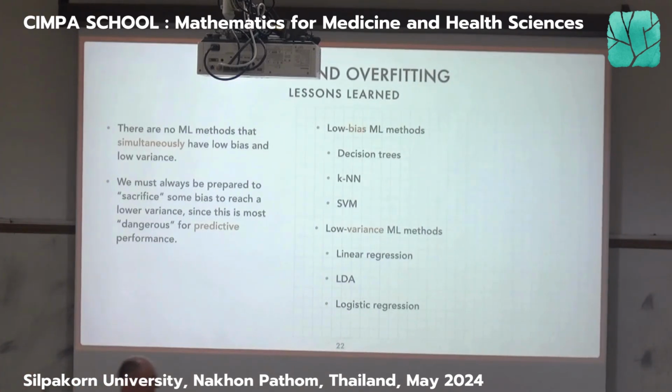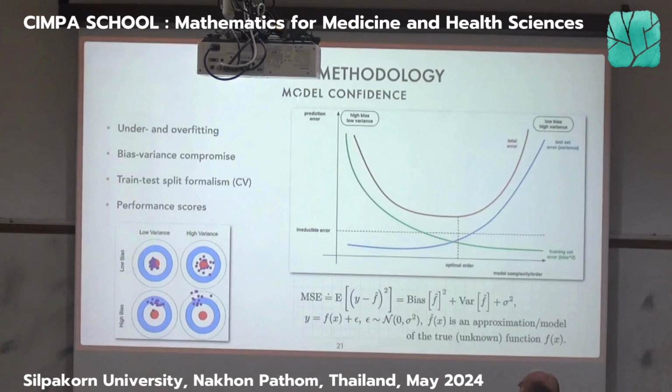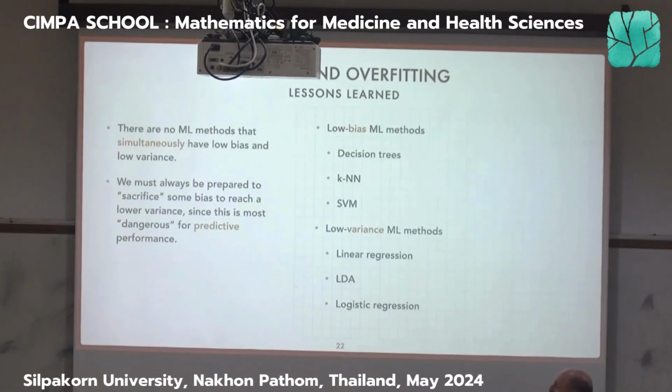If you look at the MSE and you expand it according to this definition, you can see that decreasing bias will increase variance. So this is mathematical, it's not just an observation.